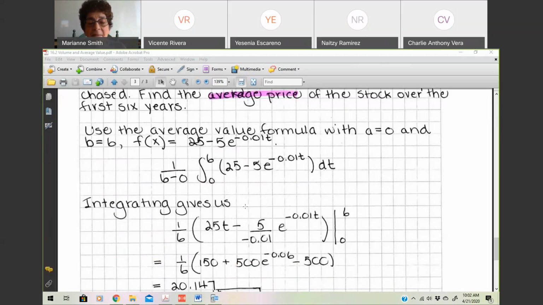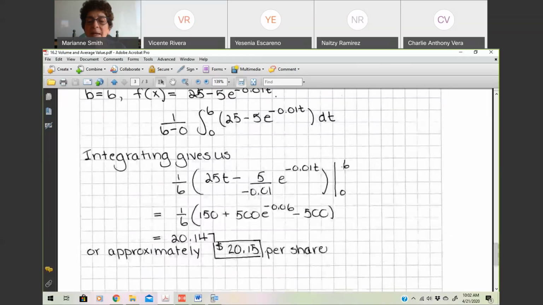All right, well, it's a definite integral. So according to the fundamental theorem of calculus, we need to evaluate this at the upper bound. I'm skipping some steps here. 25 times 6 is 150. 5 over negative 0.01, this is negative 1/100th.